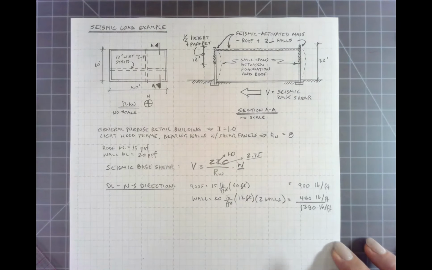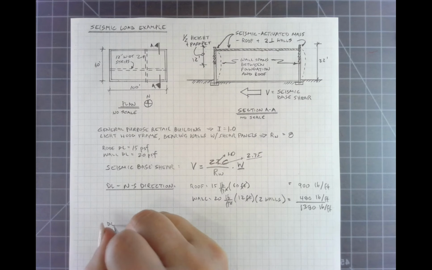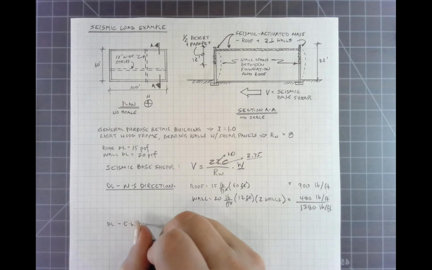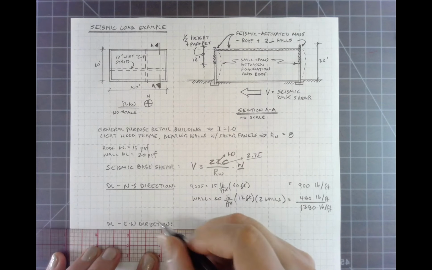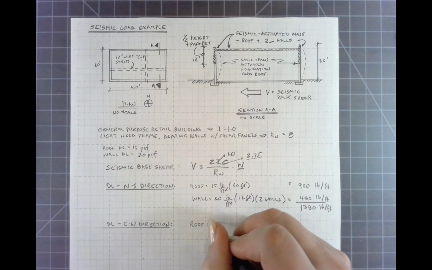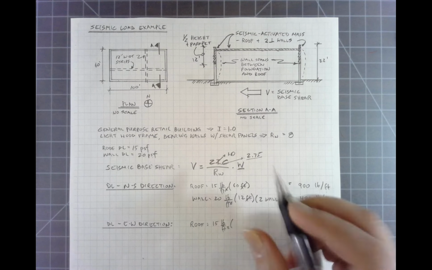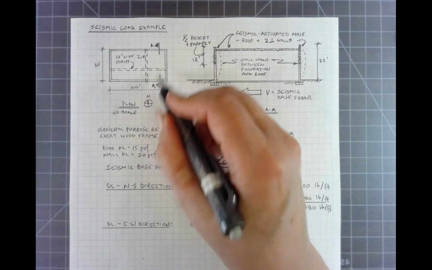So now let's go to the east-west direction. Same type of calculation. We're looking at the roof, 15 pounds per square foot. And this time it's not 60 feet because it's going east-west.